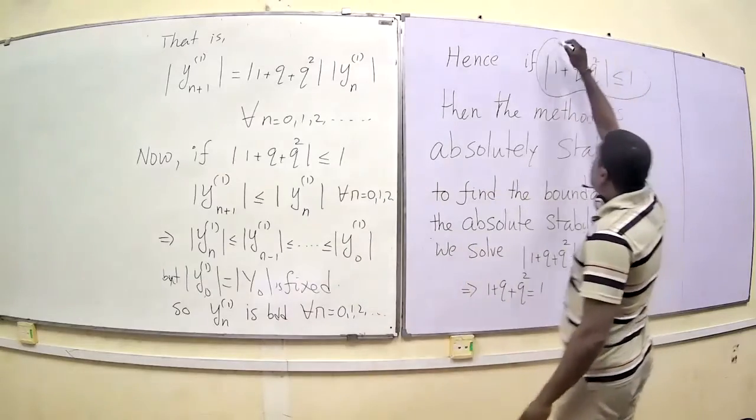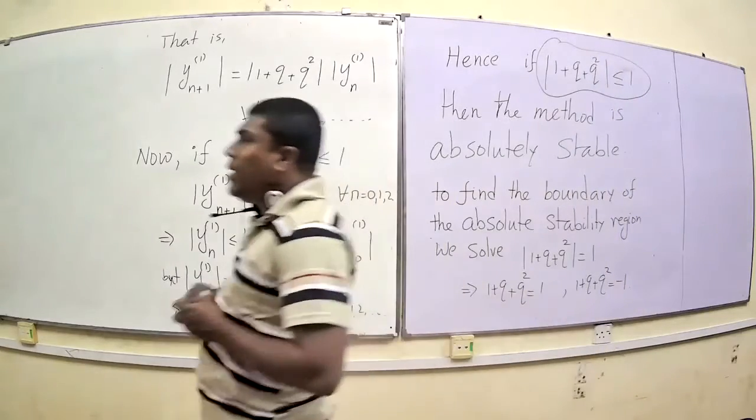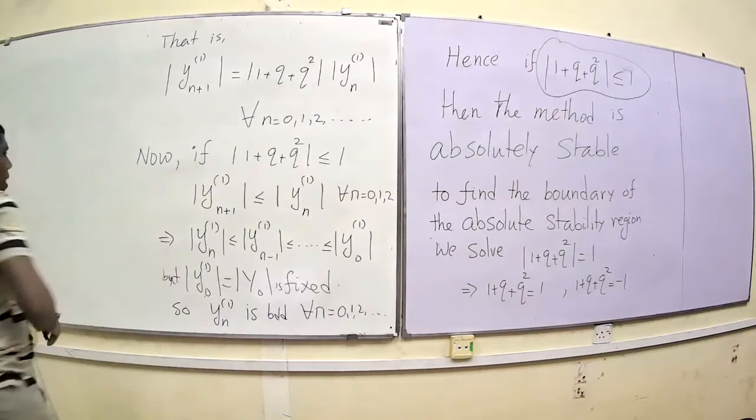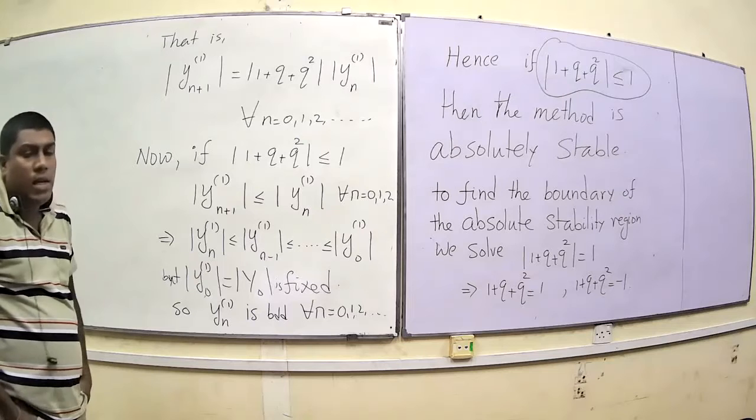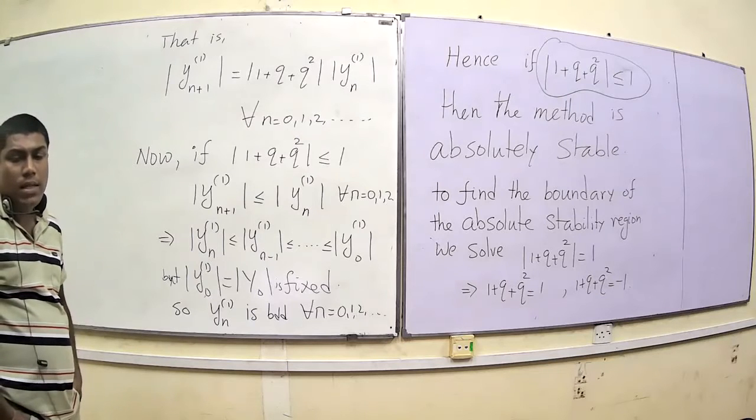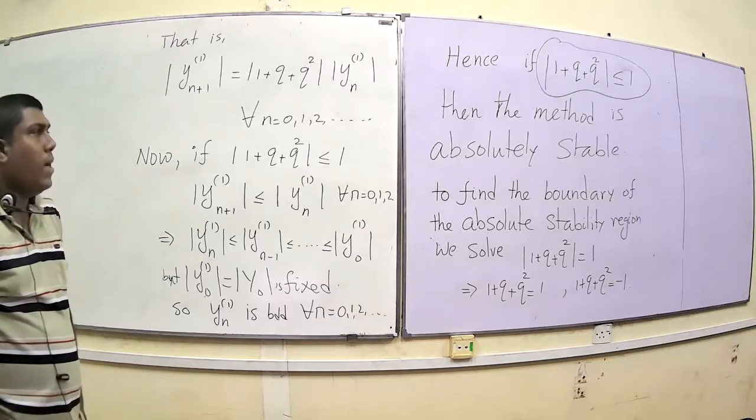All q satisfying this inequality give you a region on which the method is absolutely stable.